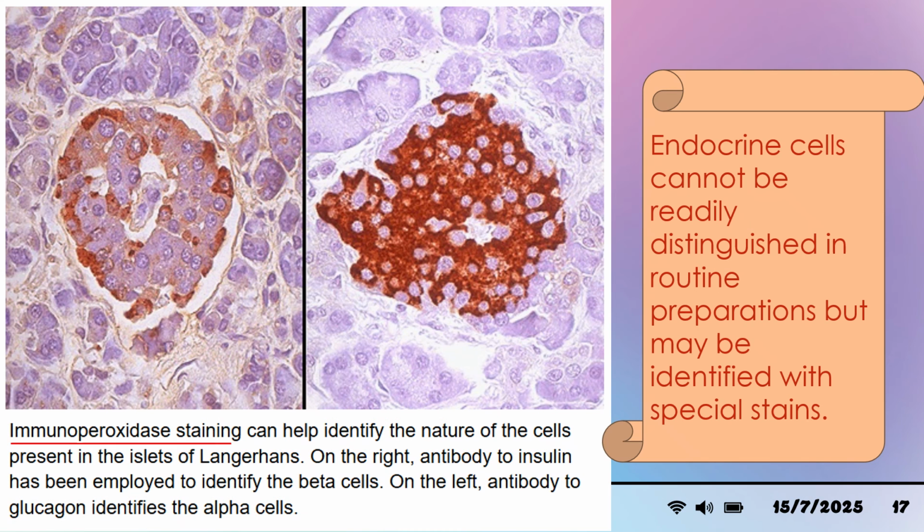As I've already told, we can't see these four cells with the naked eye or with normal H&E staining. A special stain called immunoperoxidase stain can help identify these cells. As we see in this image, the periphery cells are highlighted, so this represents the alpha cells, and in this image the center cells are highlighted, so this represents the beta cells.